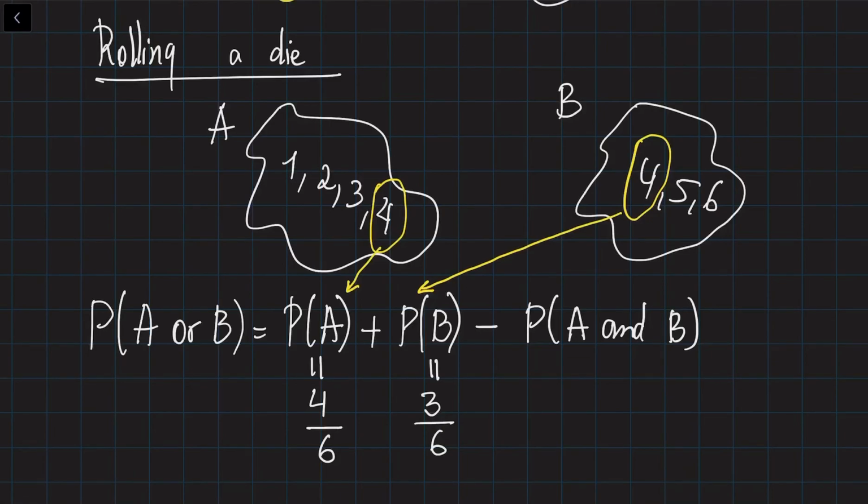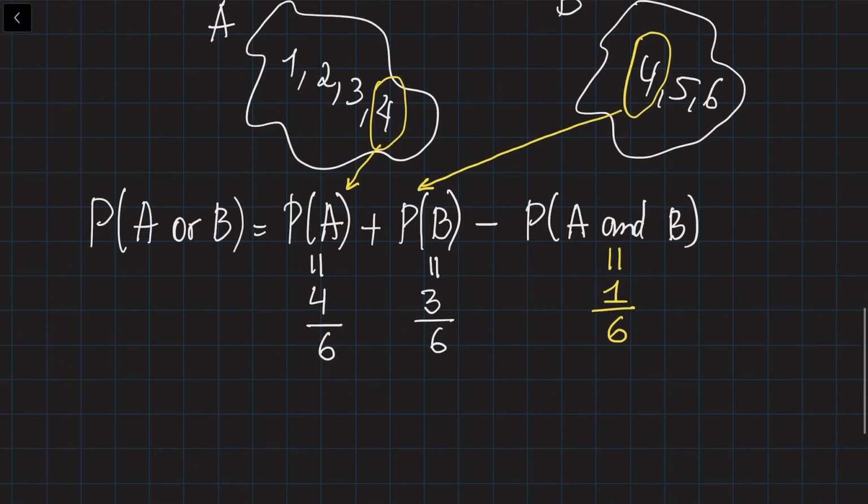In this case, it's just 4, and the probability of this is going to be 1, because only one item is included in both of the events, divided by 6. So the probability of A and B is equal to 1 over 6, and we have to subtract this from the probability of A plus the probability of B. So the answer is simply 1, right?